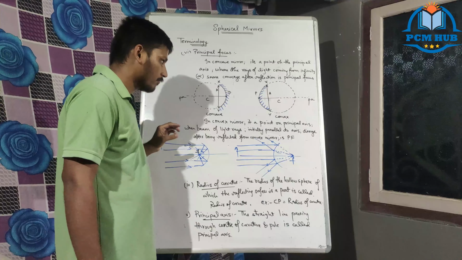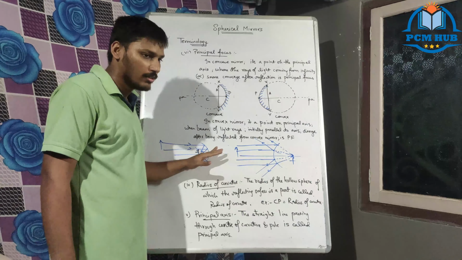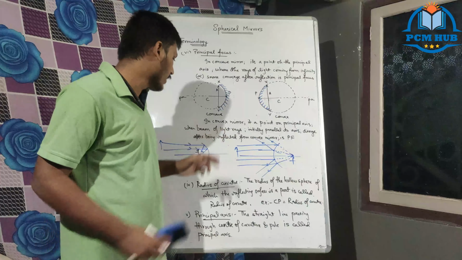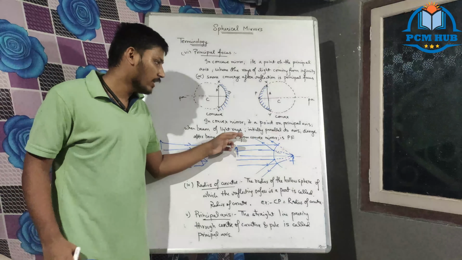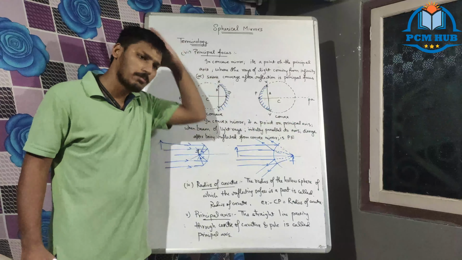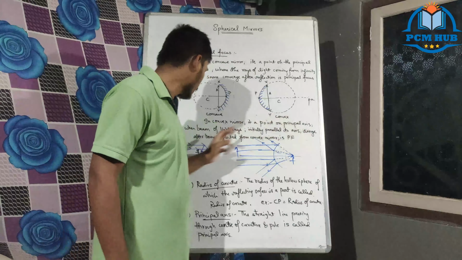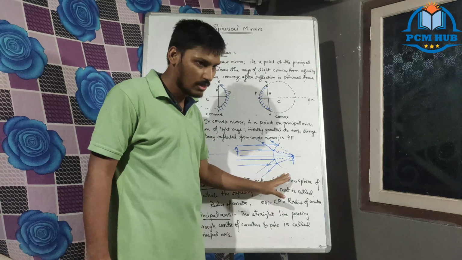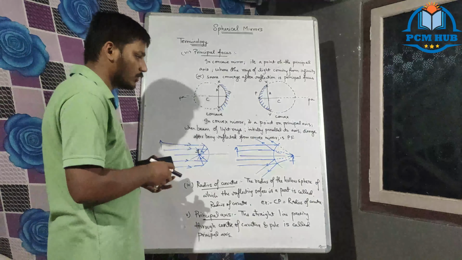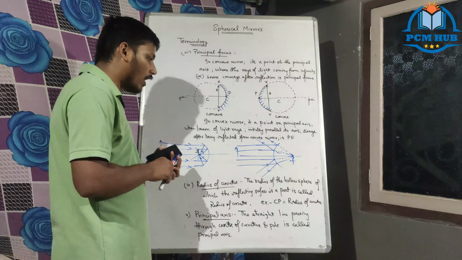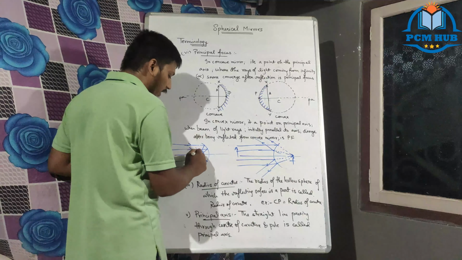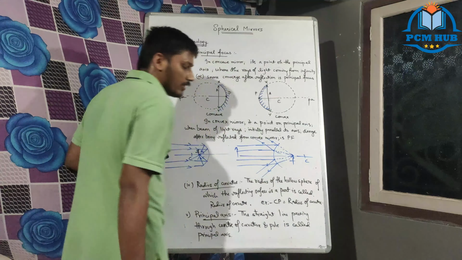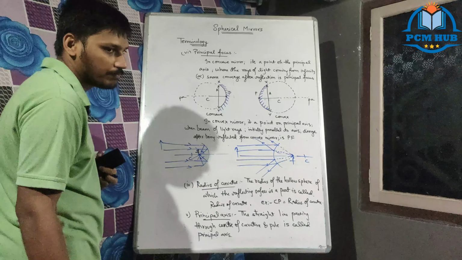Okay, clear till here? So that's what he has said. It is a point on the principal axis where a beam of light rays, initially parallel to the axis, meaning coming from an infinity source, diverge after being reflected from a convex mirror. That is the principal focus. And one more important thing you should understand is that the principal focus is always half the radius of curvature.